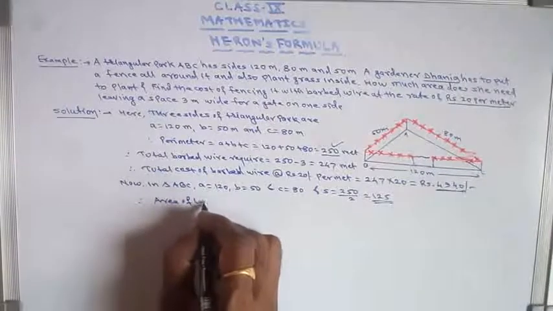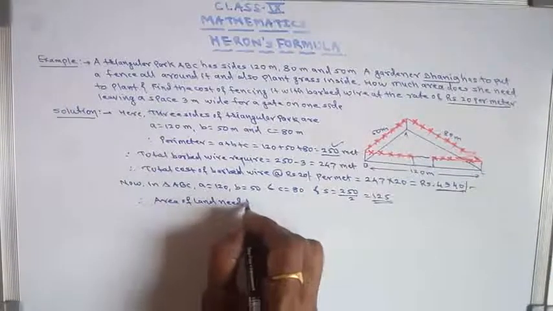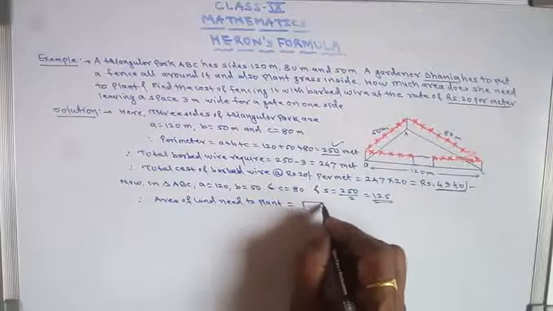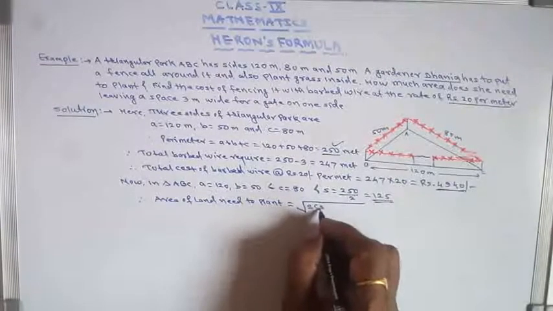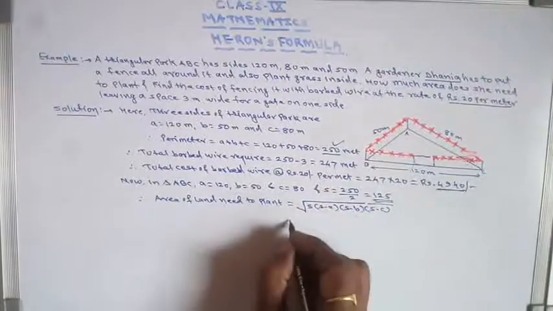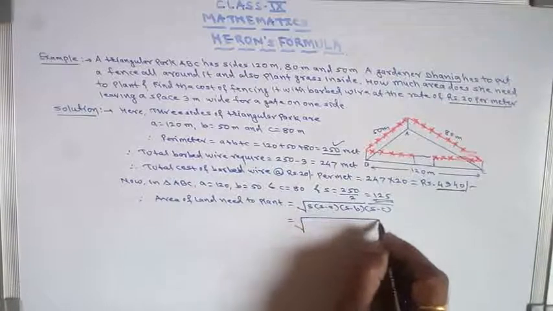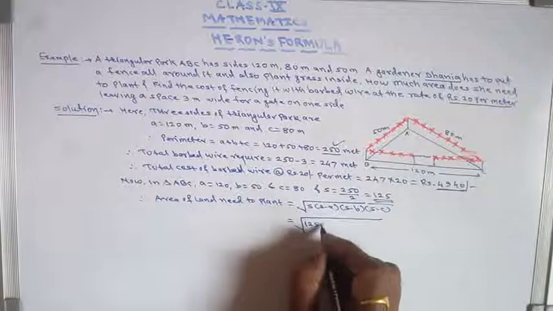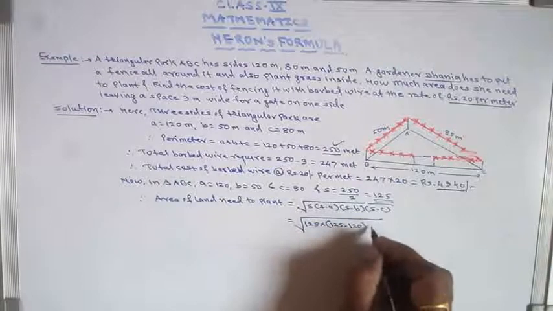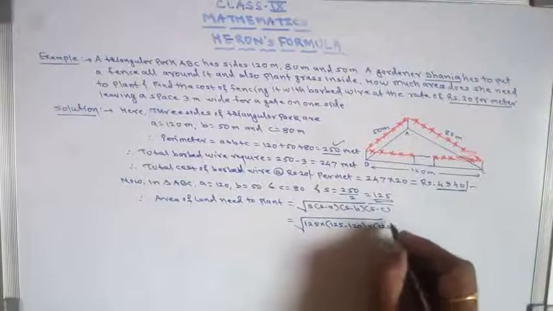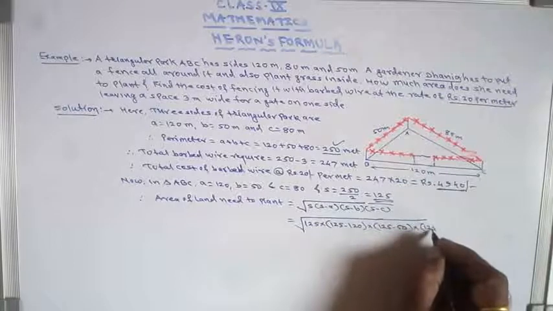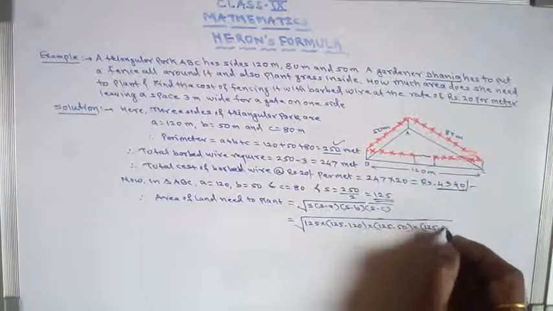Area of land needs to plant, that is area of the triangle, is equals to under root S into S minus A, S minus B into S minus C. So that is equals to under root, what is S, 125 into 125 minus what is A, 120, into 125 minus what is B, 50, into 125 minus what is C, that is 80.